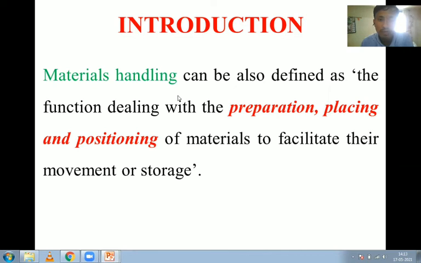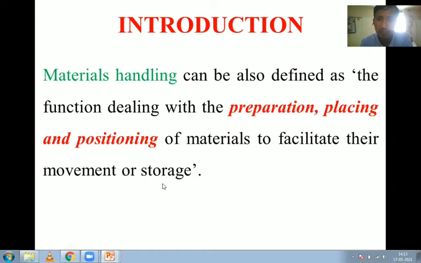Material handling can be defined as the function dealing with preparation, placing and positioning of materials to facilitate their movement or storage. We are going to see different applications where we need to transfer materials from one place to another place.